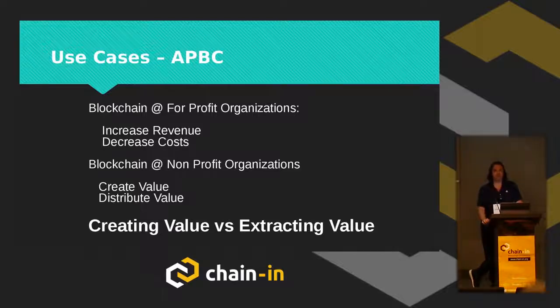So right now, more than being at the stage where we are able to increase revenues and decrease costs, more than that, at this point, blockchain brings us the capability to create value, not only economic and financial value, but also social and personal value. And blockchain brings us the capability to distribute that value in a very different way than it's been done in the past.